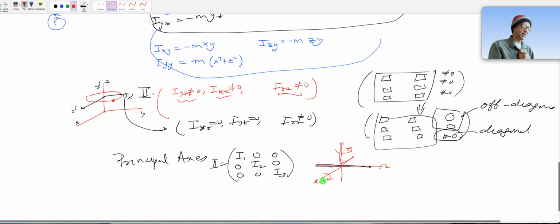Say this is x, y, and z. About this axis, all the masses are so close to the axis. So about x it is going to be 1/12, and say this whole thing is m and l, so m l square. You have to work it out.